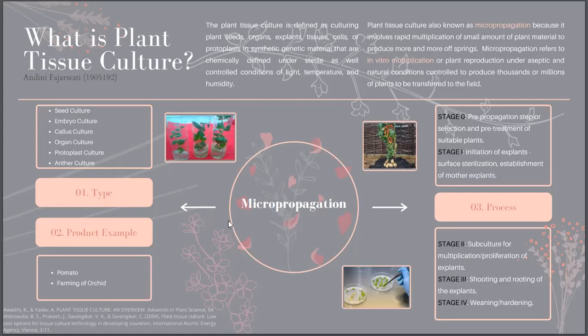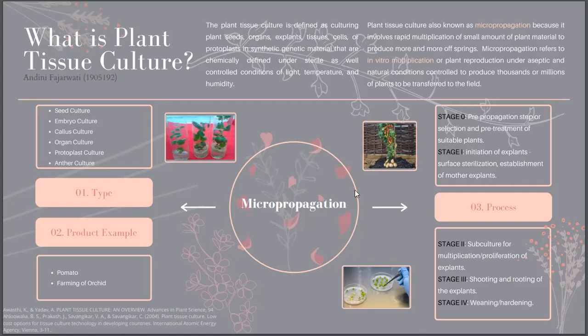Actually, there are more examples, especially for plants that are extensively used in our daily life, such as we can farm the potato. We can also farm the banana and etc.